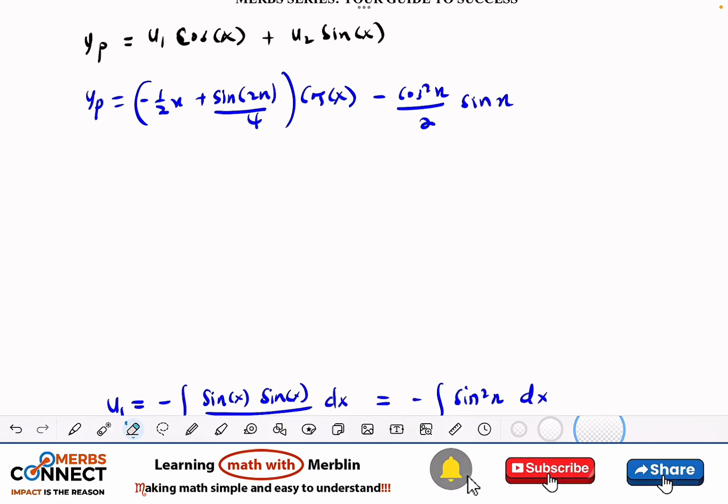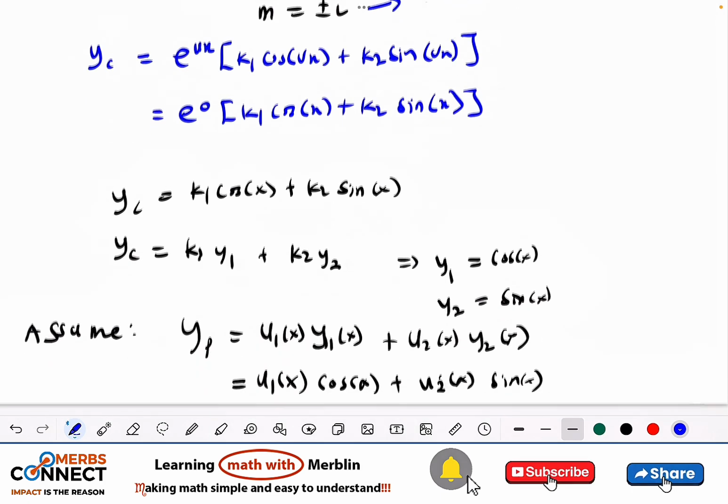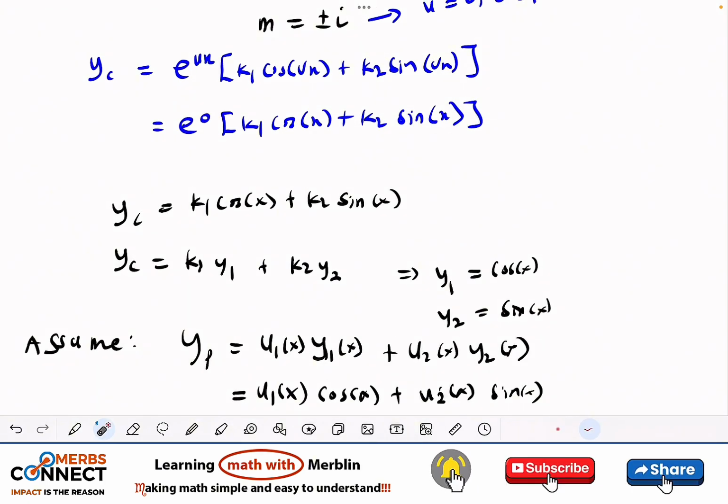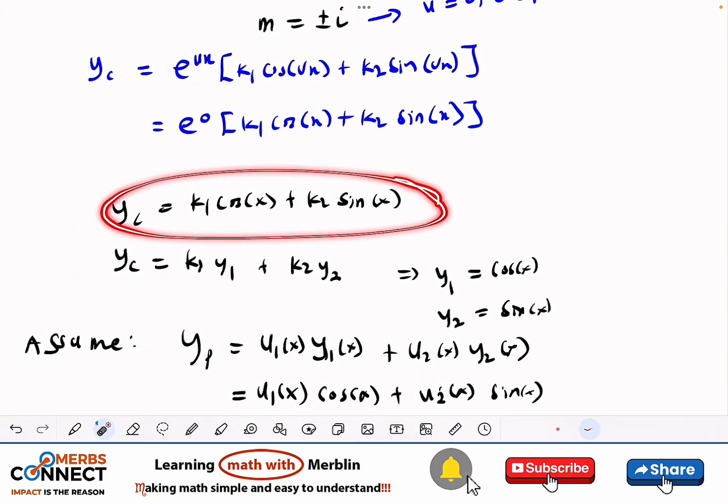Then we add the particular solution to the complementary solution. What is the complementary solution here? So let's do that.